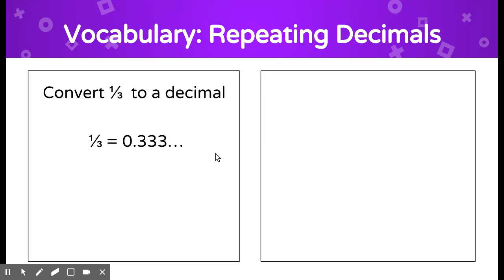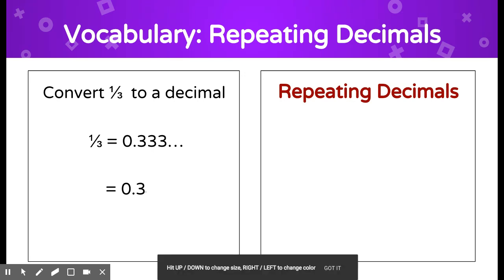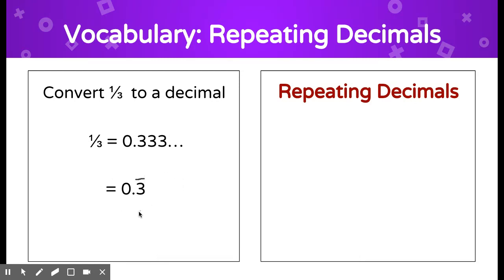And so when you see this, a lot of the times, you're going to also see that it's written a little bit differently. Here it has the dots, but if you don't want to put these dots in the extra numbers, you can just draw a line on top of the number, and that shows that this decimal is repeating.